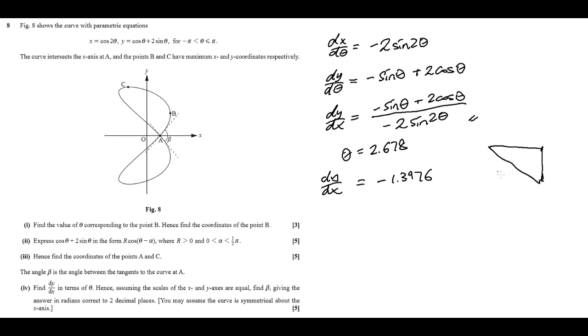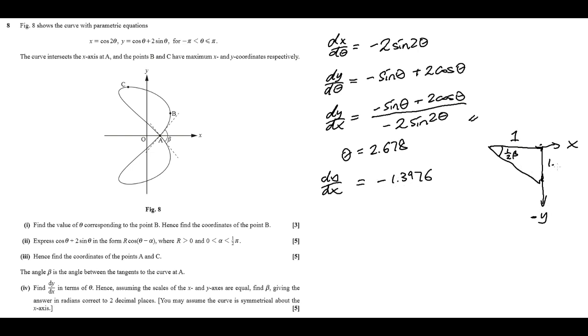Let's say this is half beta, and this is the x-axis, this is down, going down the y-axis. Since dy by dx is minus that, it means that for a change of x, let's say an arbitrary value of 1, we go down in the negative y direction by 1.3976.